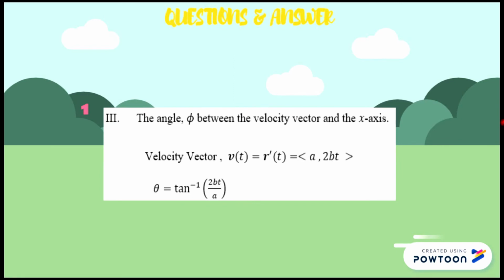Okay, the next one, the angle between the velocity vector and the x-axis. From the answer in the previous question, we get the velocity vector v(t) equal to (a, 2bt), because a vector we write in coordinates: a for the x, 2bt for the y.